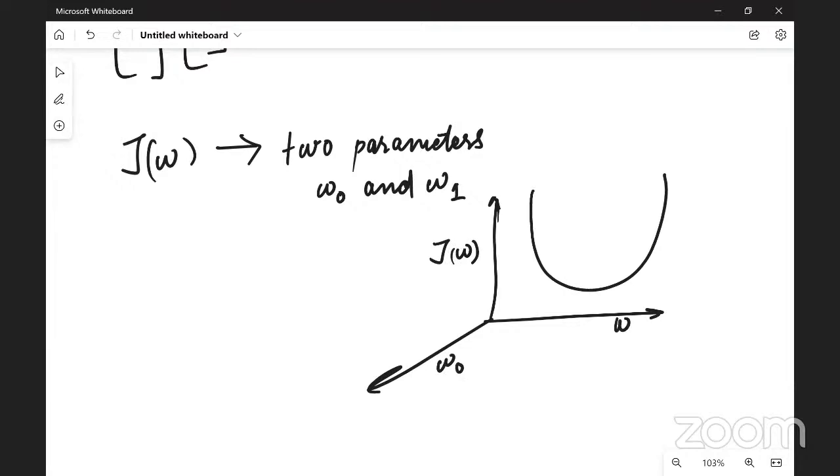On x and y axis you have W0 and W1. Now you start with a random point and you want to choose a point where the loss is minimum. That's our goal. So that's how we say that our model is best fit or not. So start with any random point, and any random point in this loss function belongs to a model in the input space. So let's say we start from here.